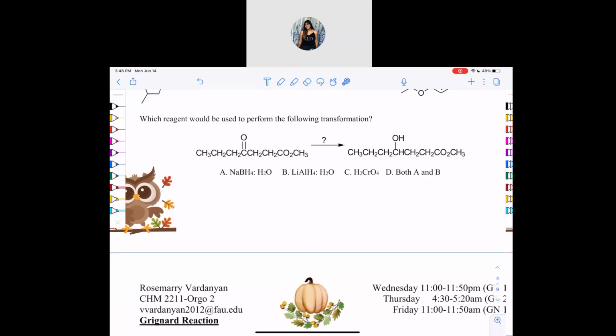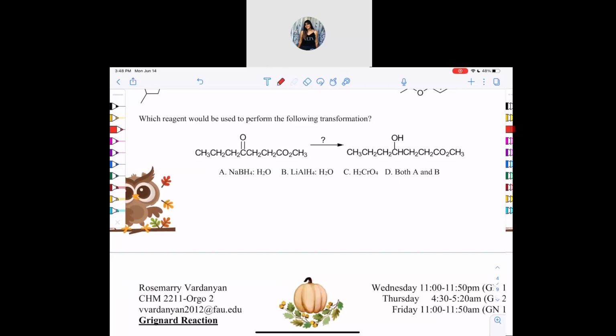Okay, so I know that was only like a minute, maybe, but what functional group is this? It's one of the ones that you guys should know by heart.